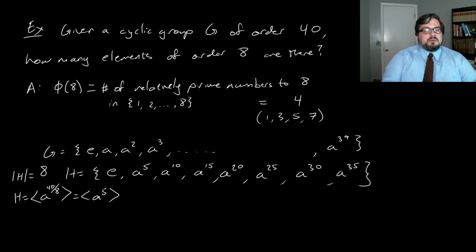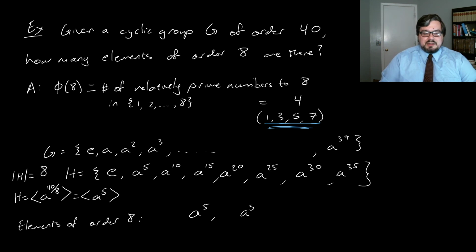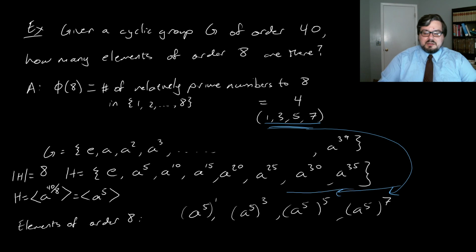And now we want to know which of these elements actually have order 8. And here's where we use these numbers right here. So the elements of order 8 are a to the 5th to the 1st, a to the 5th to the 3rd, a to the 5th to the 5th, and a to the 5th to the 7th, where these exponents are coming precisely from the totient function.